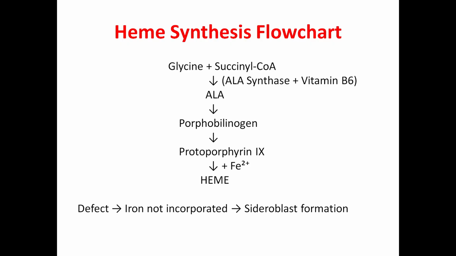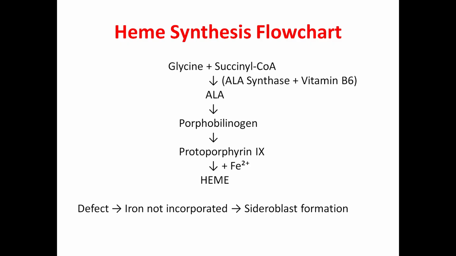If a defect happens in the aminolevulinic acid synthase enzyme or vitamin B6, iron cannot be incorporated into the heme and may lead to accumulation of iron in the mitochondria of the erythroblast cells, and the ring sideroblast gets formed.